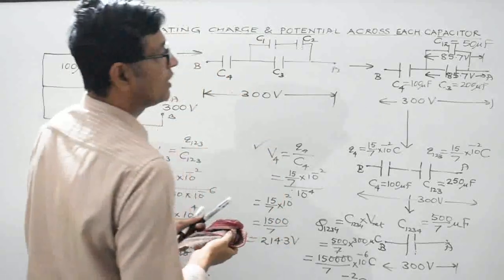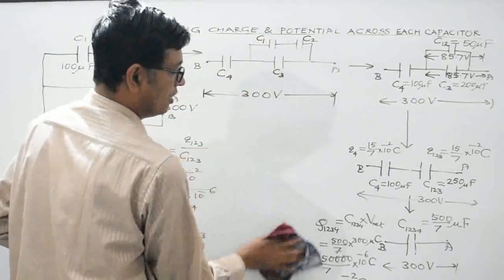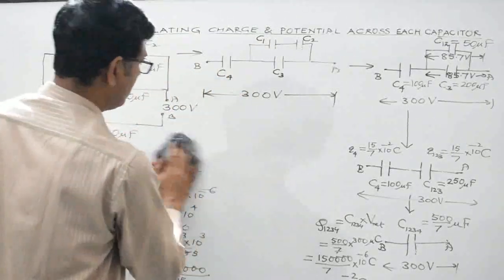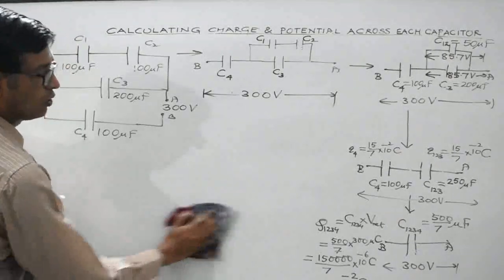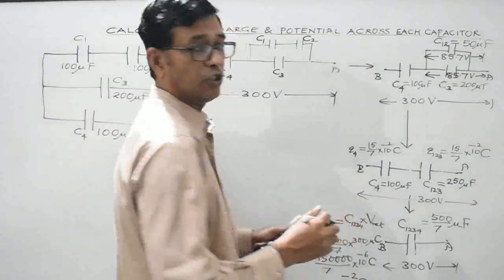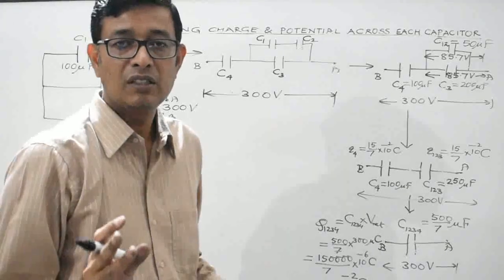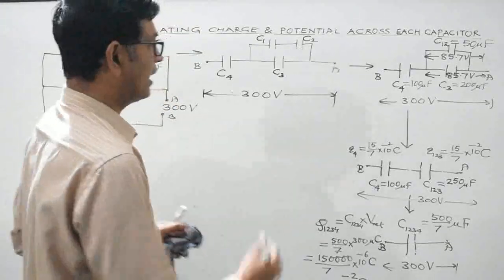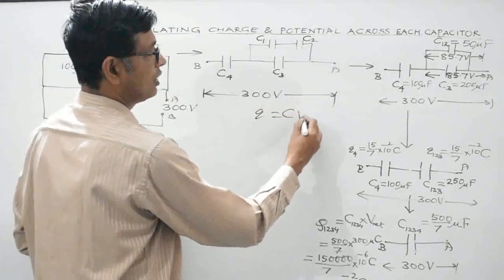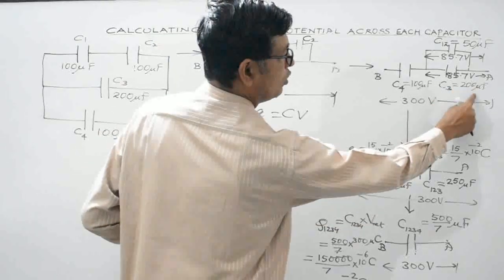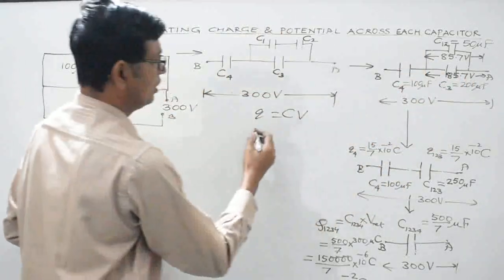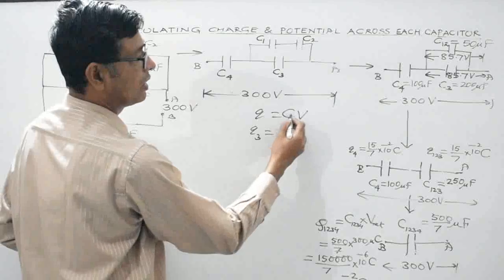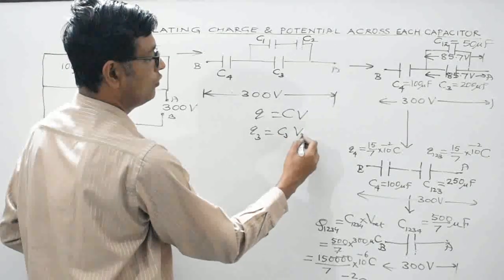Now how to calculate Q3? Let's check it out. Q3 can be calculated again by using the same basic formula, Q equals to CV. Out of 3 variables, if the 2 are known, then the third can be easily calculated by using this formula. Now look, C3 is known to us, V3 is known to us. So Q3 can be given by C3 into V3.